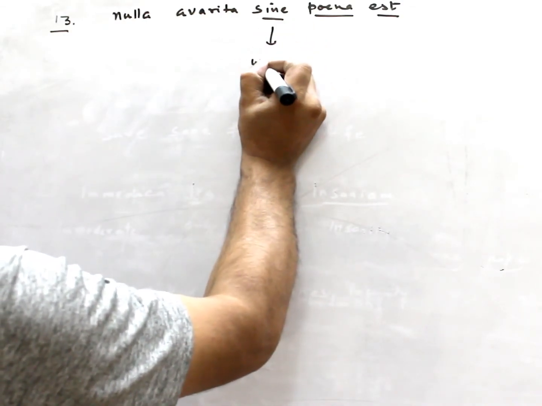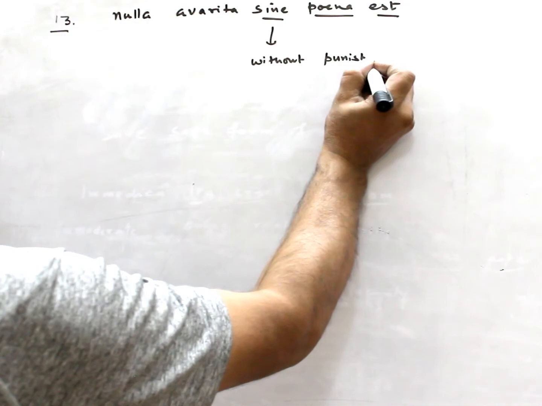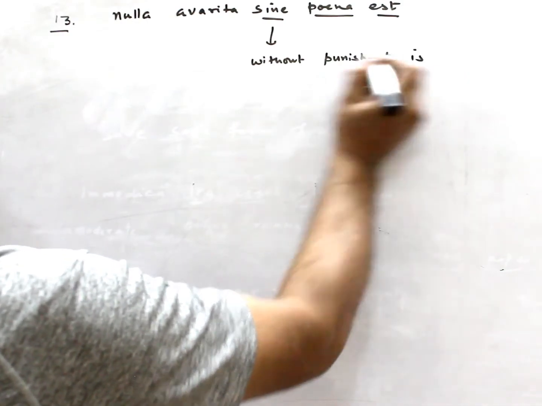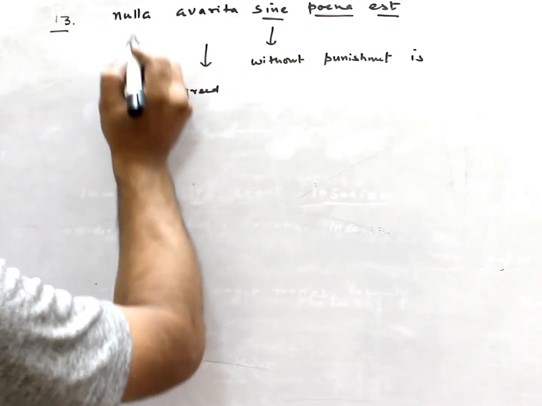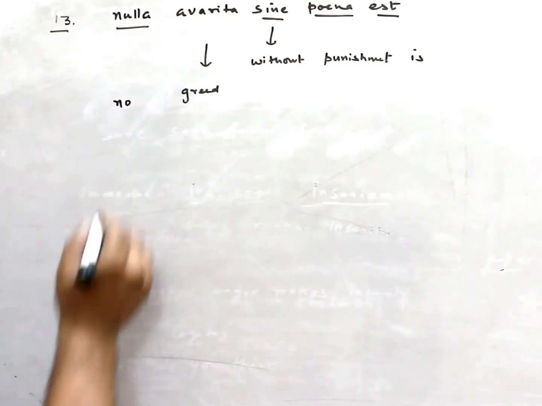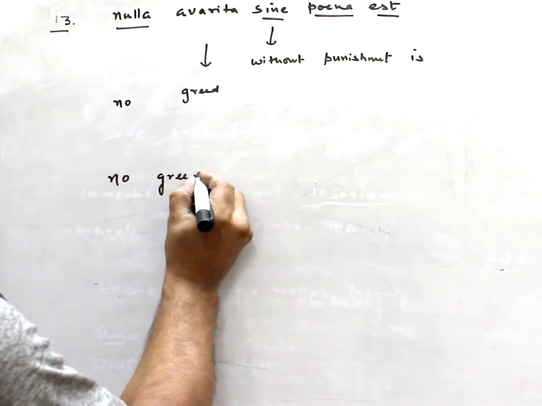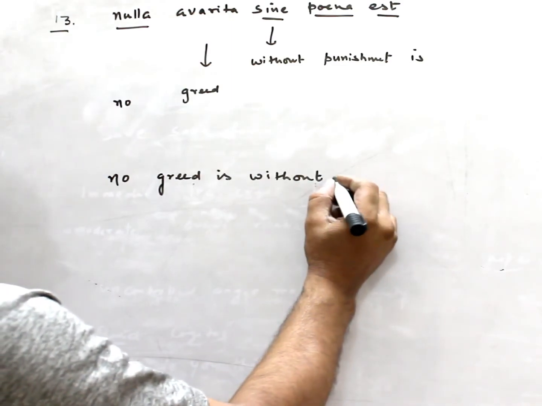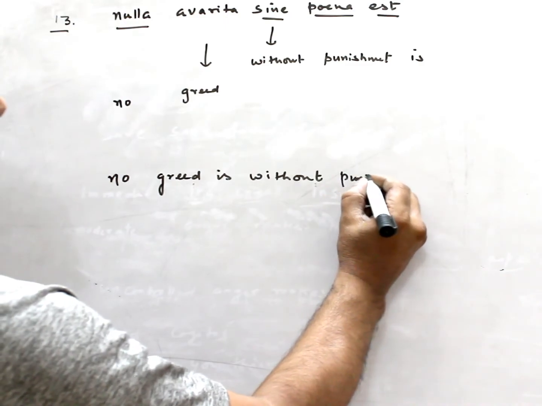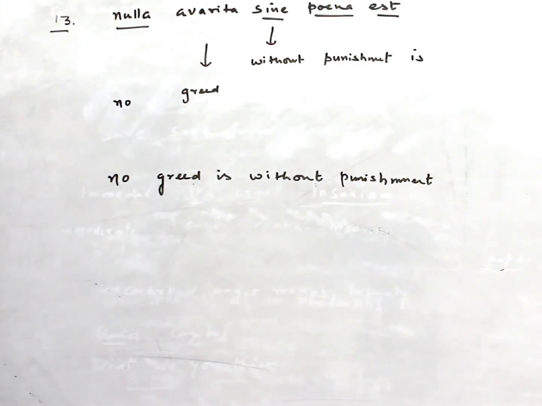So this is without punishment is, this is greed. Nulla means no. So the meaning is no greed is without punishment. No greed is without punishment.